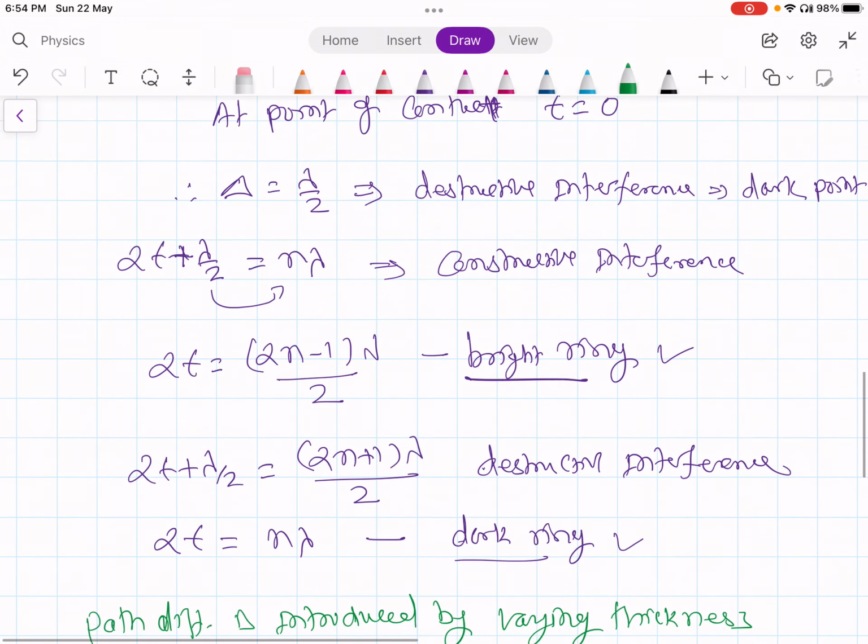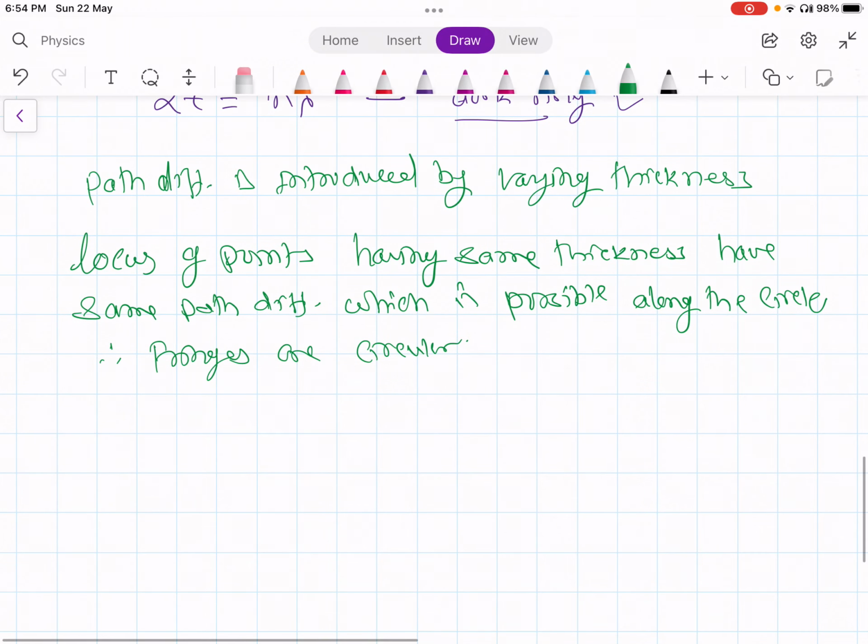So in this case, as you can see here, this is a plano-convex lens, which is circular, kept on the glass plate. If this is the thickness T, and if that T satisfies, say, the condition for dark, then this thickness T is the same in the locus of points around the circle.